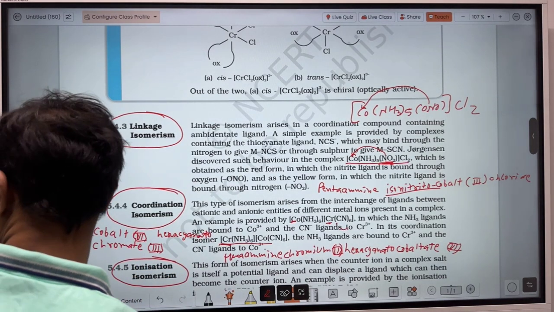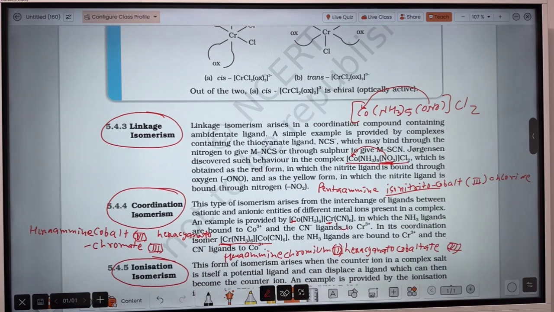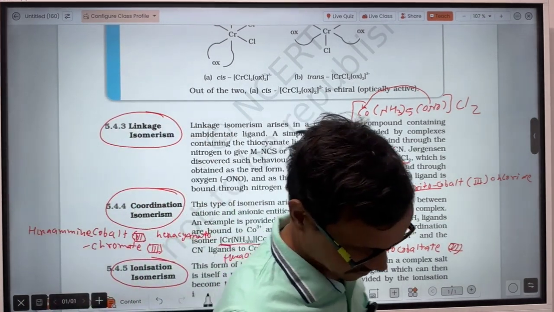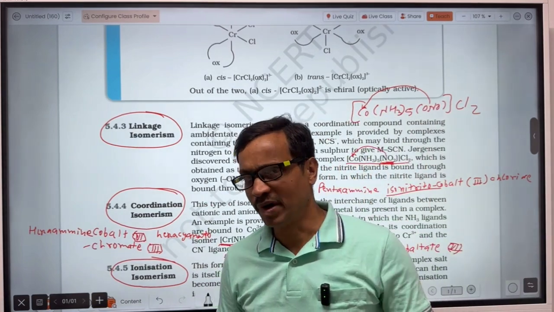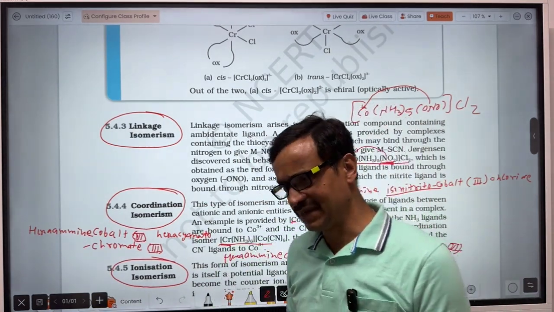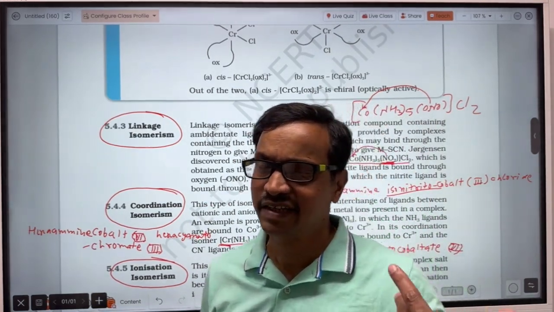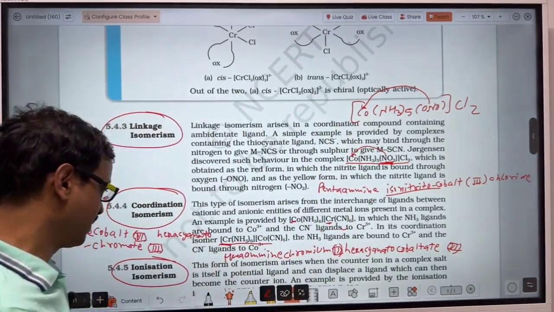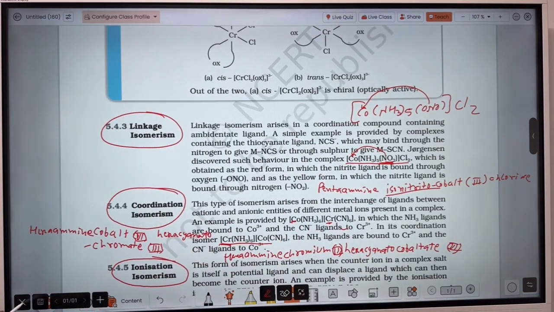As the name indicates, ionization means when the compound is dissolved in water, it will provide different types of ions. That will be called ionization isomerism.